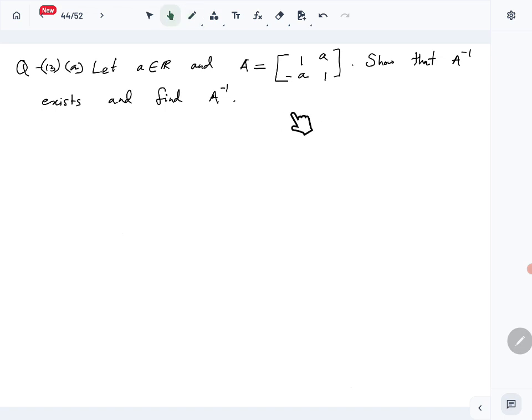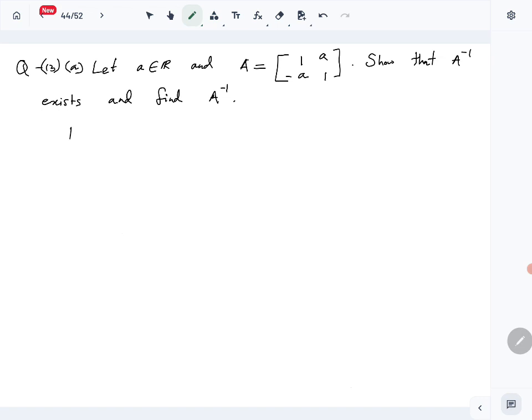So for an inverse matrix to exist, the determinant of A matrix has to be non-zero. So if the determinant of A is non-zero, A inverse exists. So we have to show that condition for the given matrix.